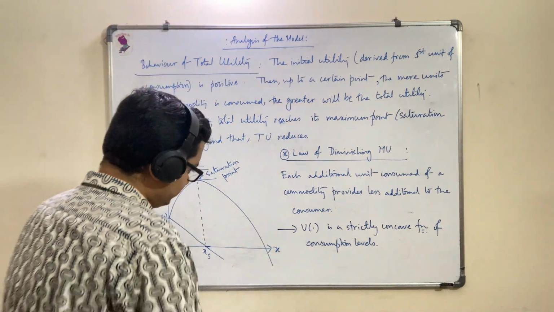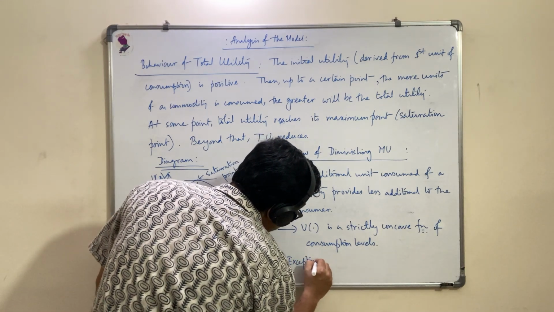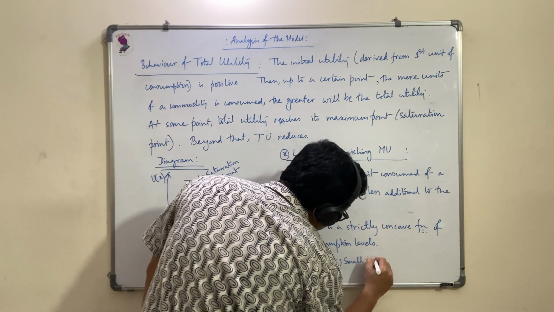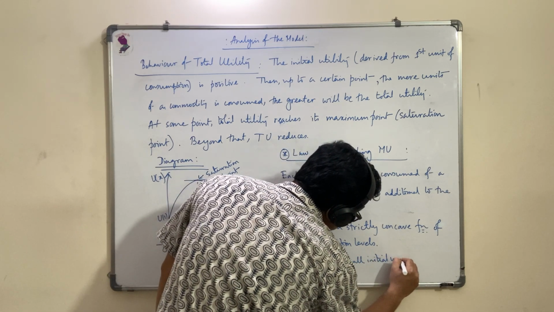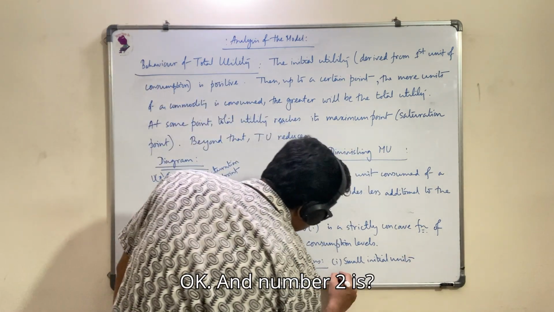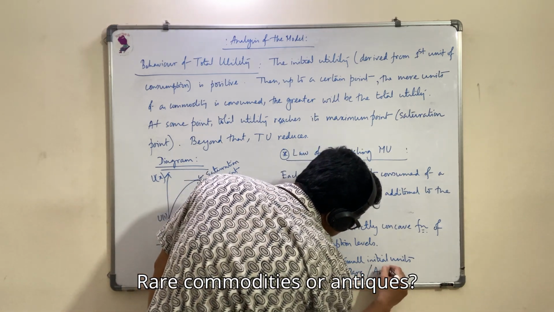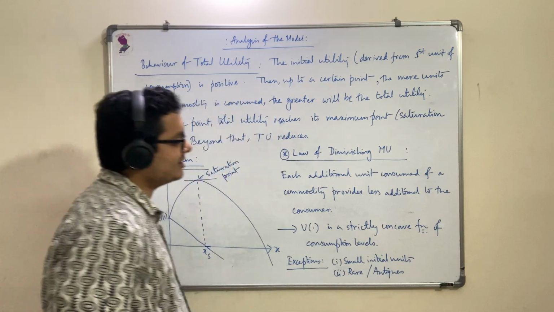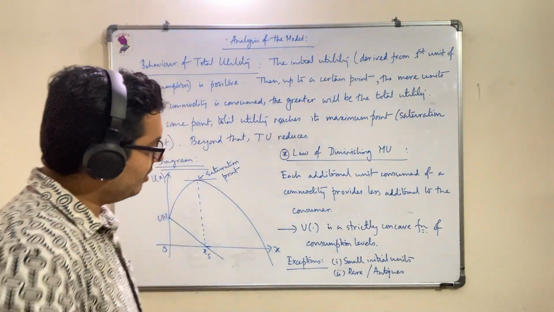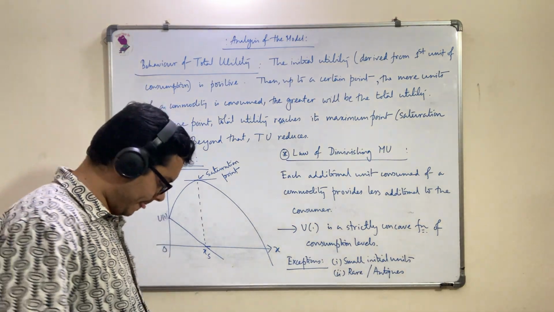They are commodities of exceptions. So commodities with small initial units, something like drinking water. Okay, and number 2 is rare commodities or antiques. Let's say a picture or a painting or an old photograph, that kind of thing. Okay.